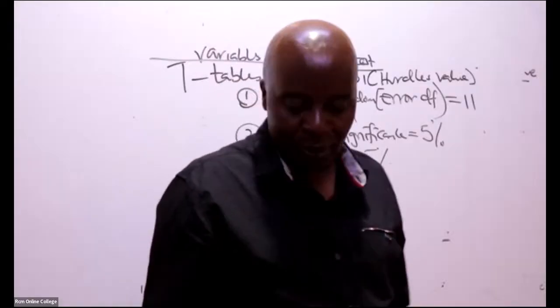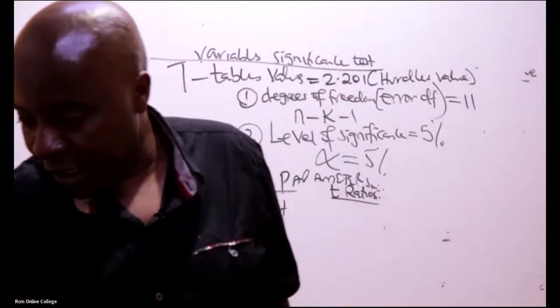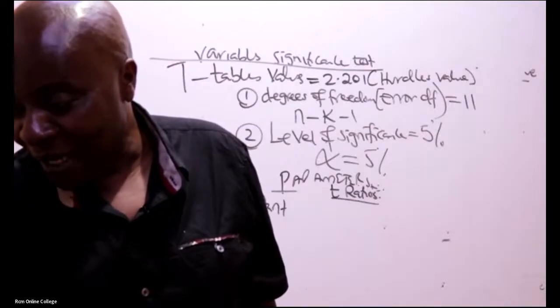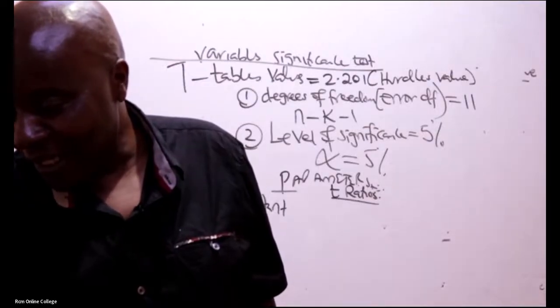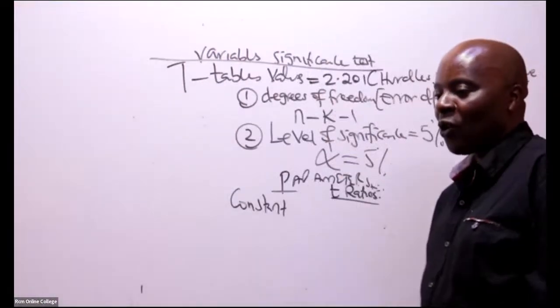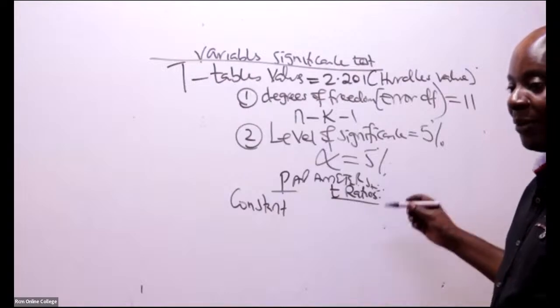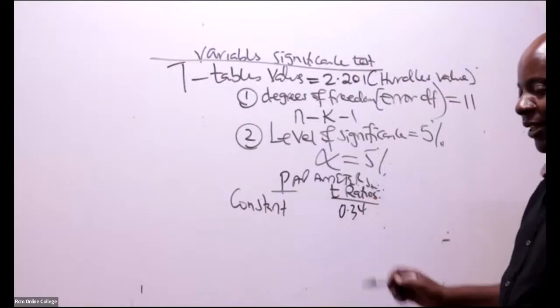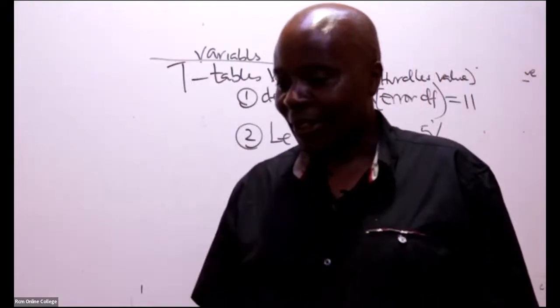Please open up your paper. The constant t will make sense. You should not panic at all. The t ratio for the constant: somebody is telling me 0.34. Are you sure? That will be very small.